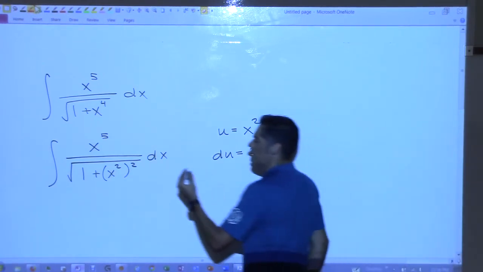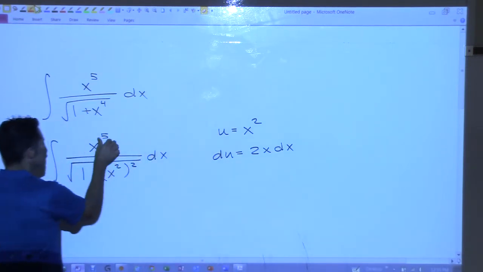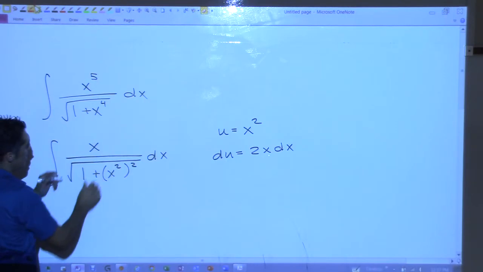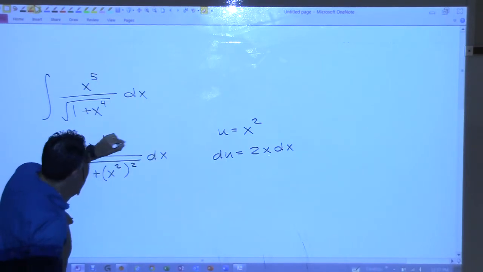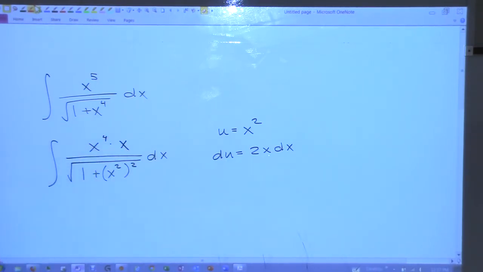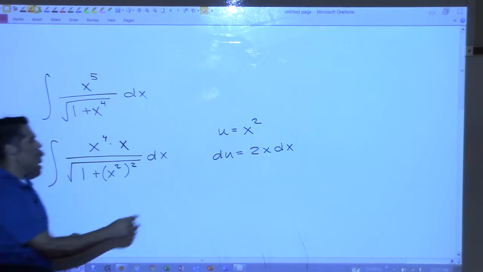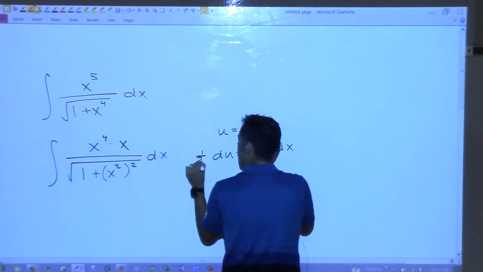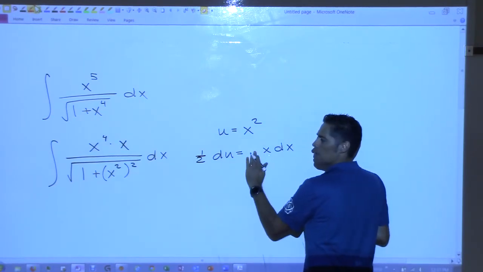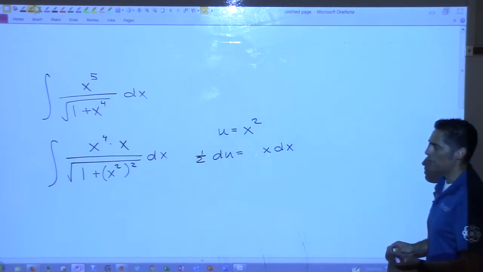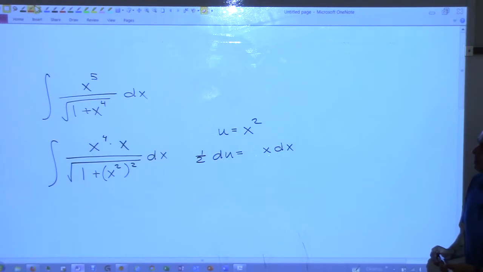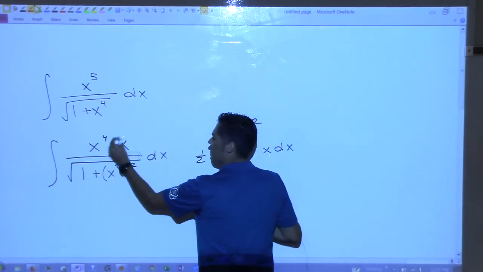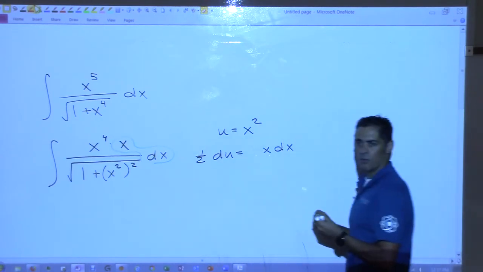Now I can rewrite the x to the fifth how? Because I have an x dx, right? So I could rewrite this as like x to the fourth times x. You'll see that? So I have the x dx. Here's x dx. I have a 2. I don't want that. So I multiply both sides by a half. Okay, and now they match up perfectly. So I can replace this with 1/2 du, right?